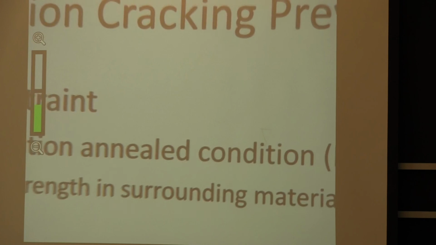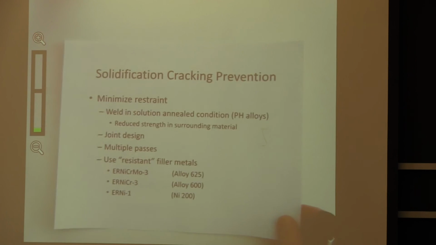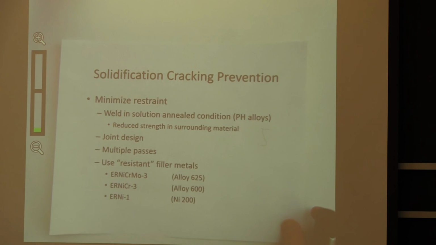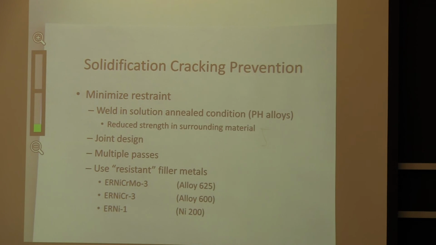So what can we do to prevent solidification cracking? A big thing is if we can minimize the restraint in the material. As that material is solidifying, if it doesn't have stresses pulling it back apart, then it's not going to crack.